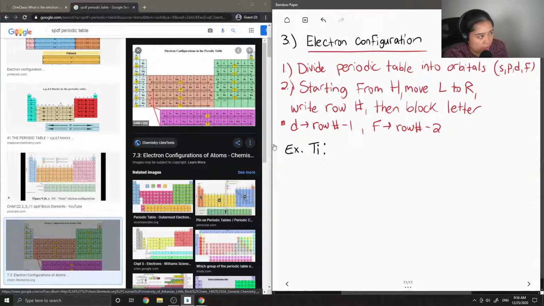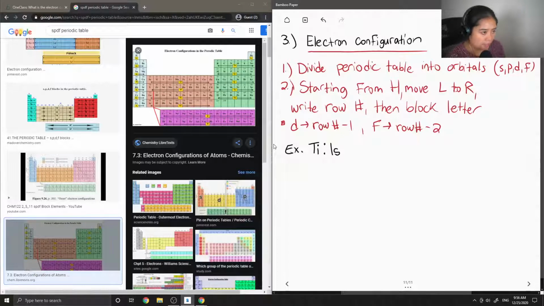So starting from hydrogen, if we move left to right, when we write the row number, it's row 1. The block letter is S. And then to show the number of electrons up to helium, it is 1s2.